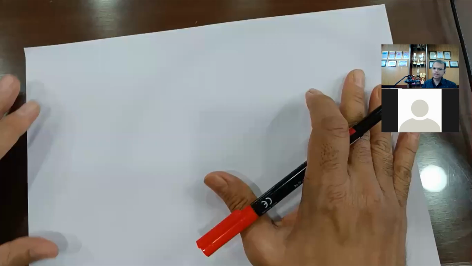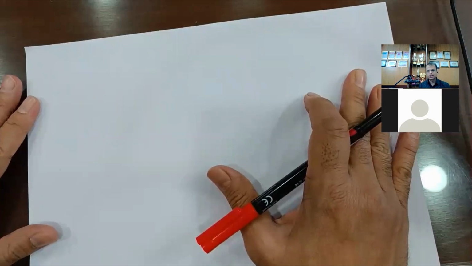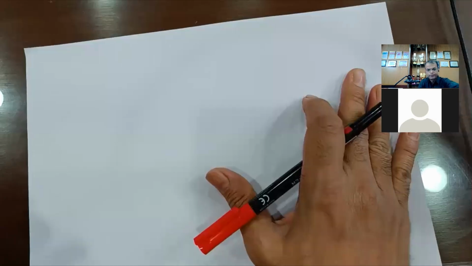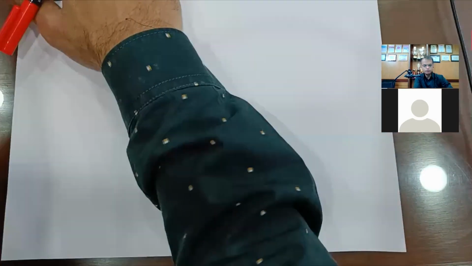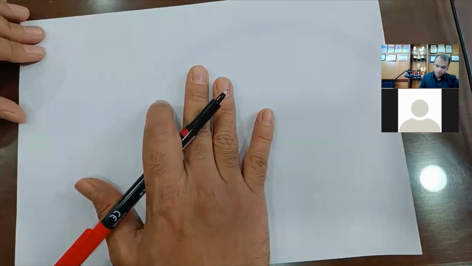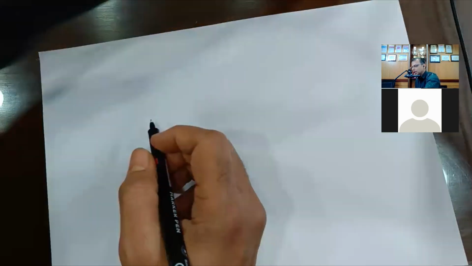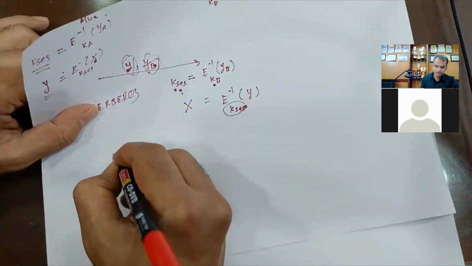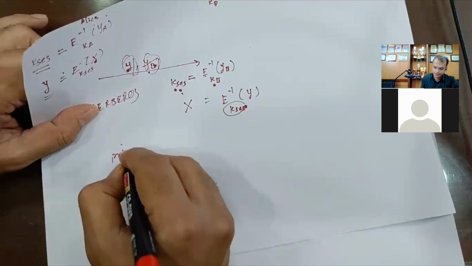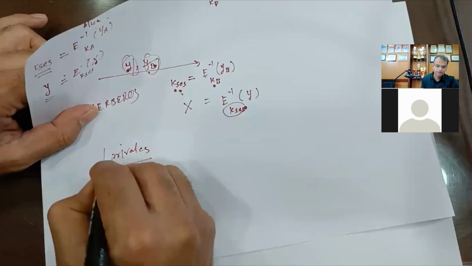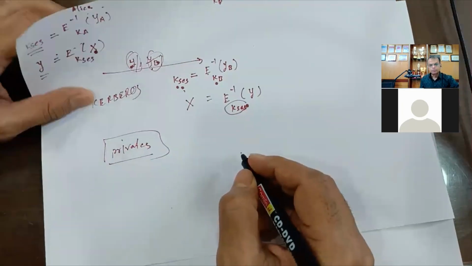Now, whatever key distribution we have seen here, that is the concept. There are two things: one is the private key, and another one is the public key. Sharing a private key with someone else is one of the greatest issues.